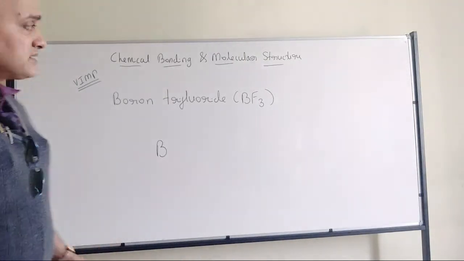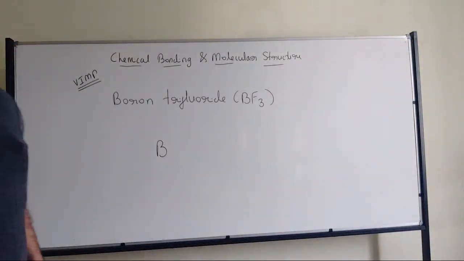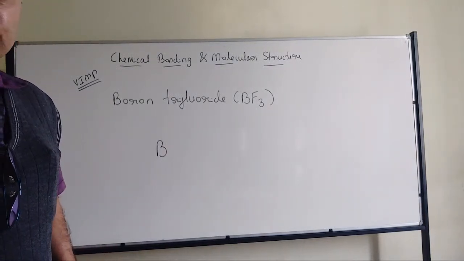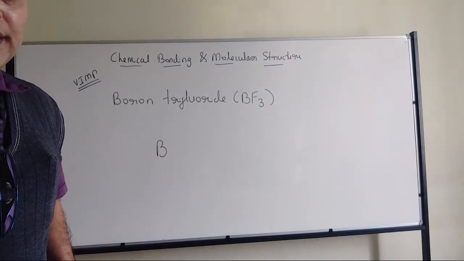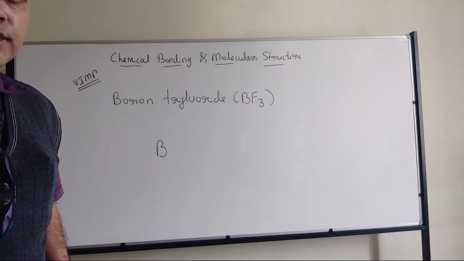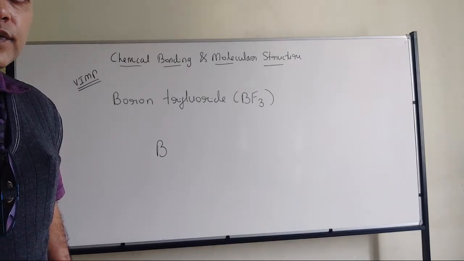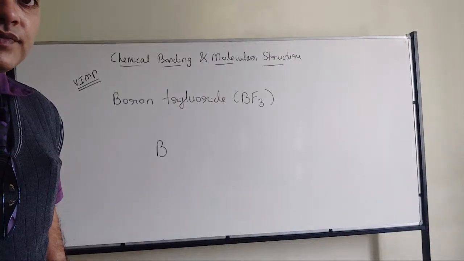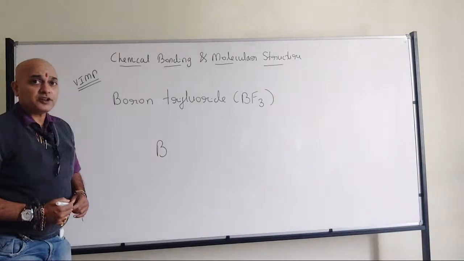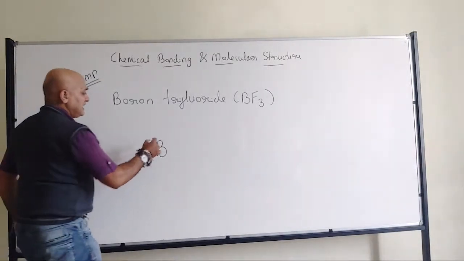Okay. So, with respect to boron, group 13, how many valence electrons? Any one of you? Can any one of you tell me? Yes, very good. It will be 3 valence electrons because it is a group 13 element.